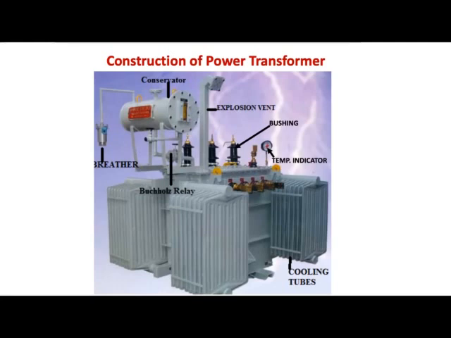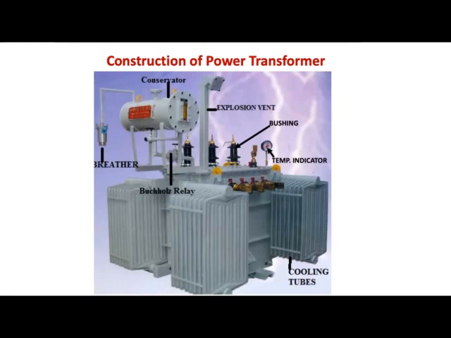Then we have the Buchholz relay. The Buchholz relay is a gas operated relay placed between the tank and the conservator. If any type of fault has just started to happen in the transformer, that produces heat, and due to that heat, the transformer oil decomposes and releases gases, and those gases will try to escape to the conservator through the Buchholz relay.